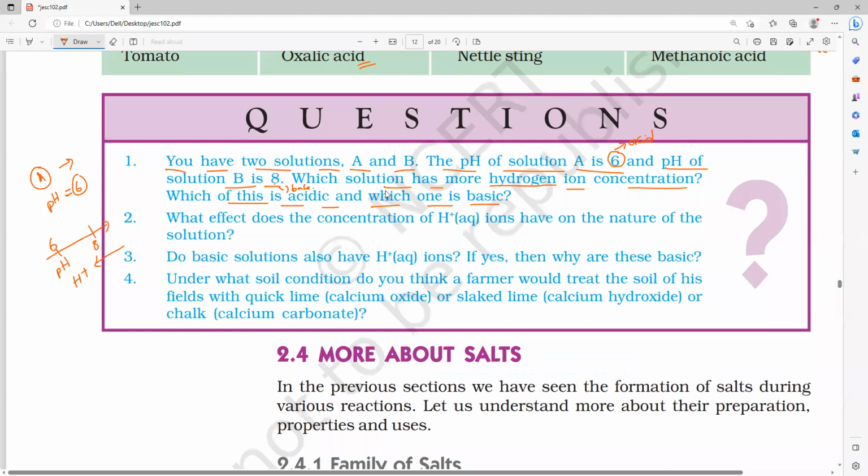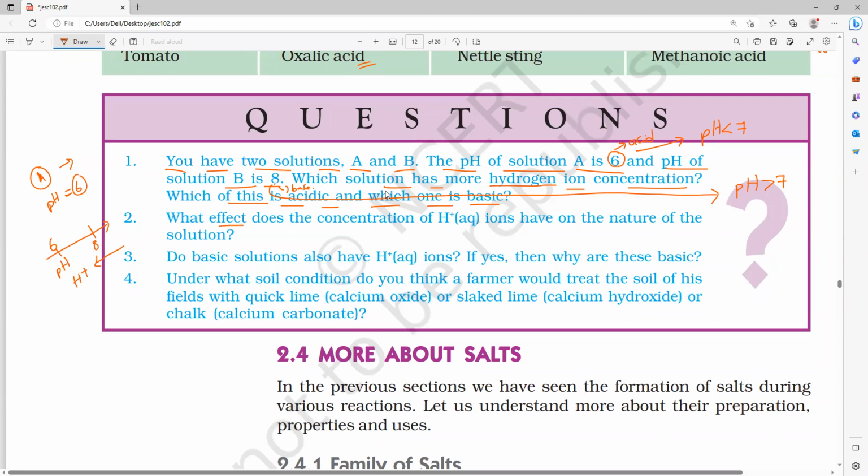So solution A has more H plus ion concentration, and it is an acidic solution because pH is less than 7. And B is a basic solution because pH is more than 7. That is what you have to remember.